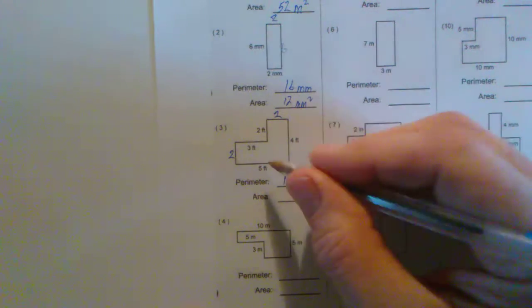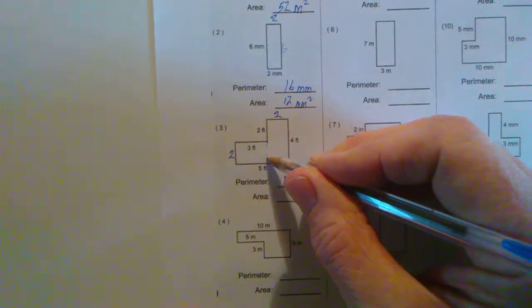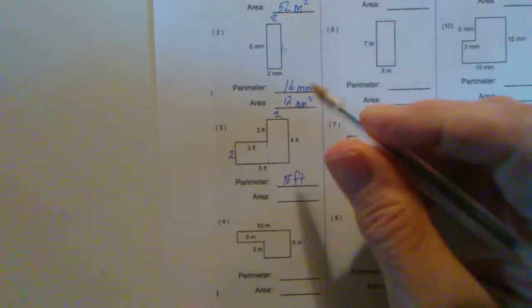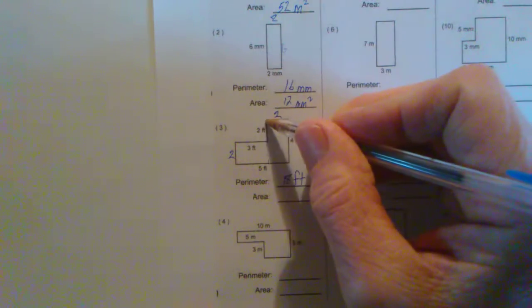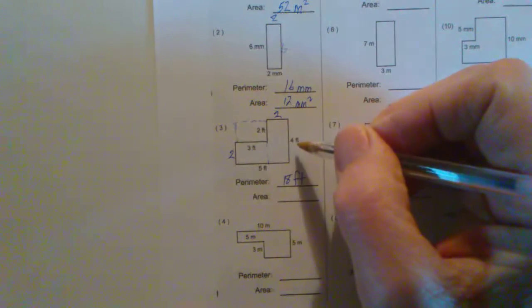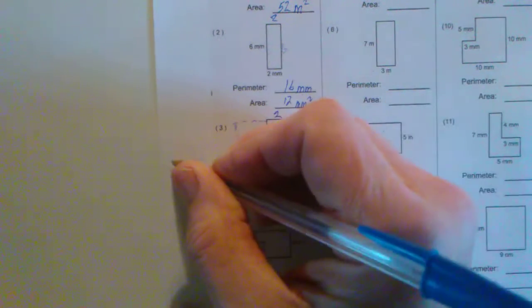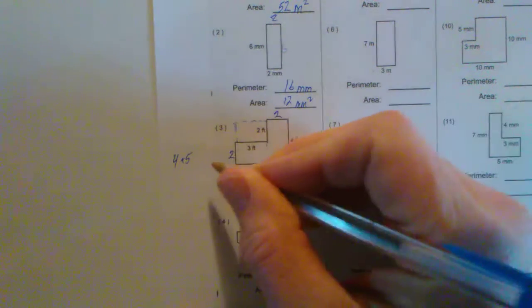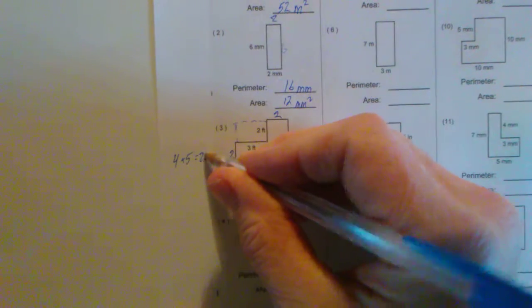Now this time I'm going to figure out the area a different way. The last time on number 1, I cut it down here, and I figured out the area of this rectangle and the area of this rectangle. This time, I'm going to figure out the area of this big rectangle here, which is 4 times 5 equals 20.